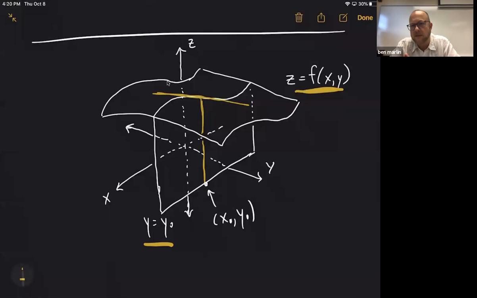And you can talk about the slope of the tangent line to the curve just like you did in Calc 1. The difference, though, is that we can change which cross section we're in, and that may affect what the final answer is.